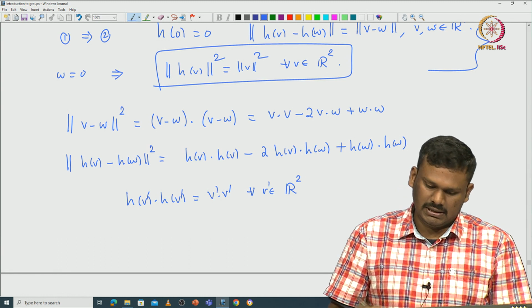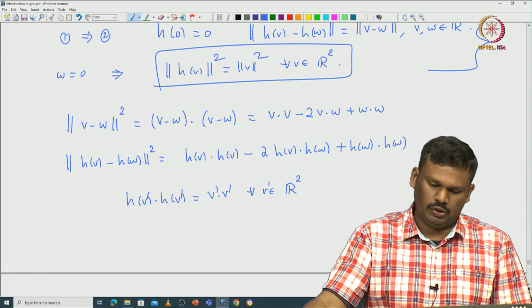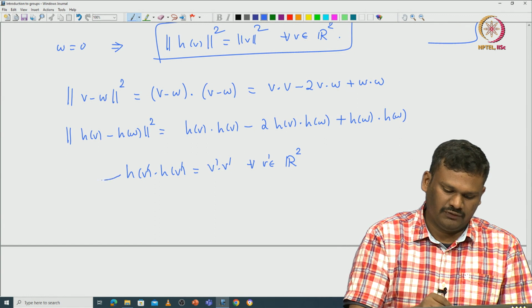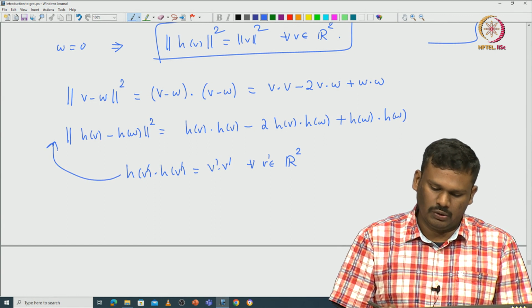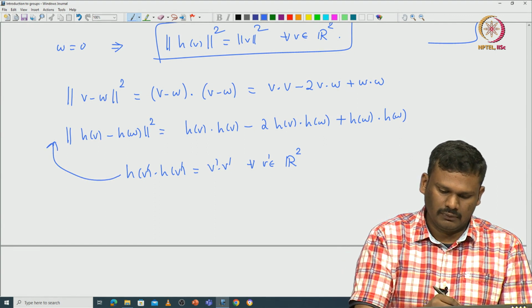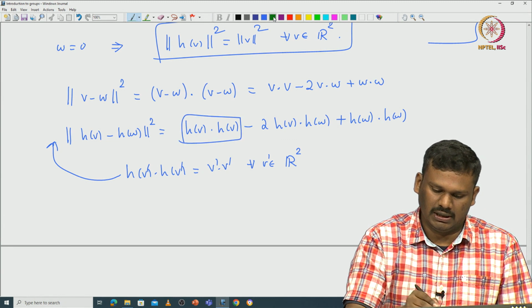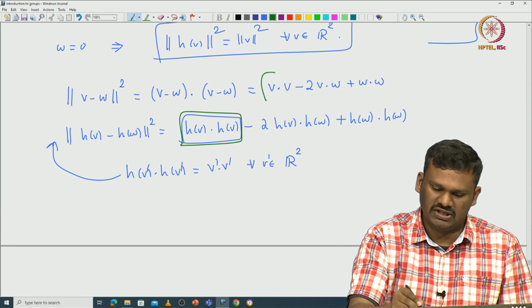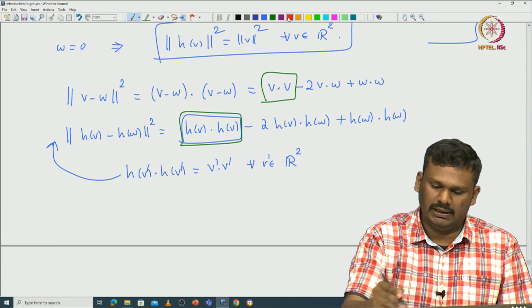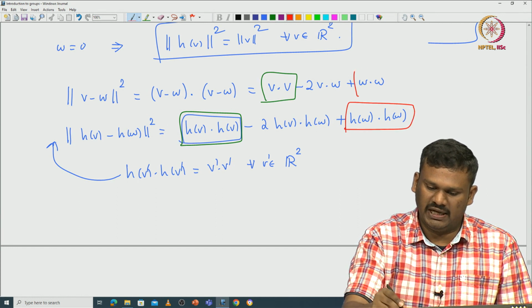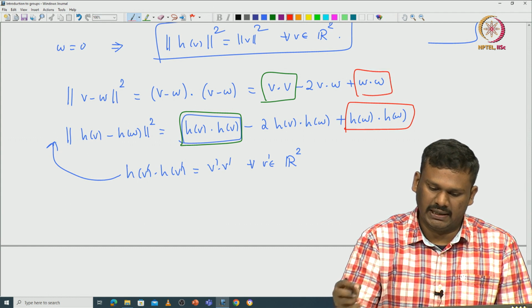So, if you just substitute this formula back here, what are you going to get? Let me use a different color. This term is going to match with this term, and this term is going to match with this term. So, they get cancelled.